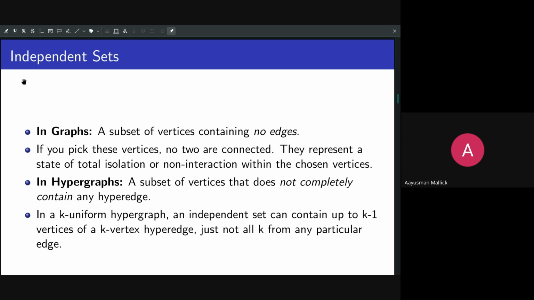In the case of graphs, an independent set is a subset of vertices that contains no edges. That is, when we pick some of the vertices from the set of all vertices, we find that no two of those vertices share an edge, or no two of them are connected.